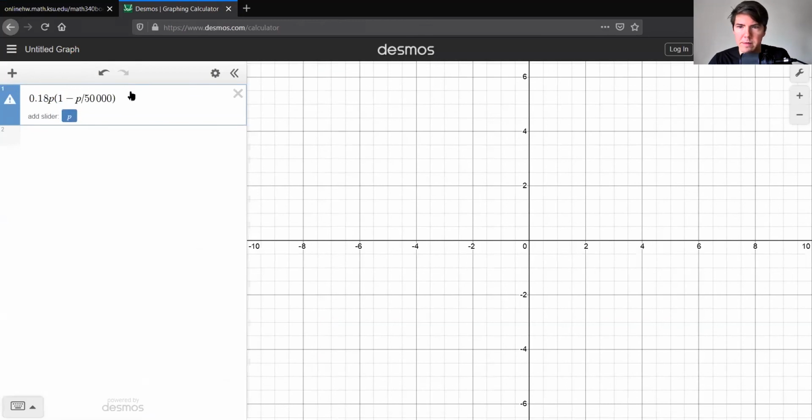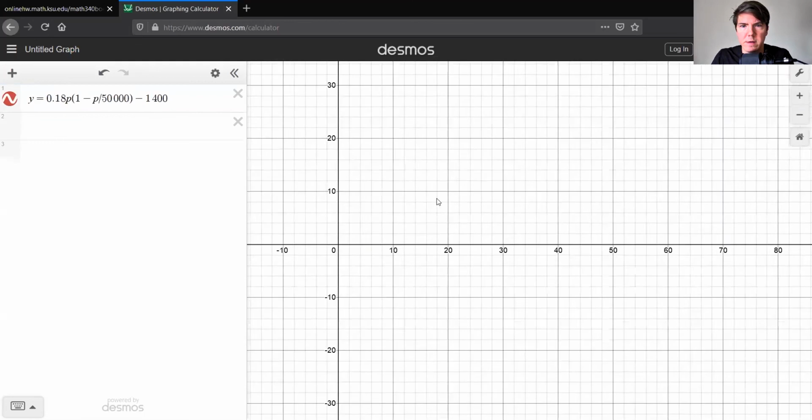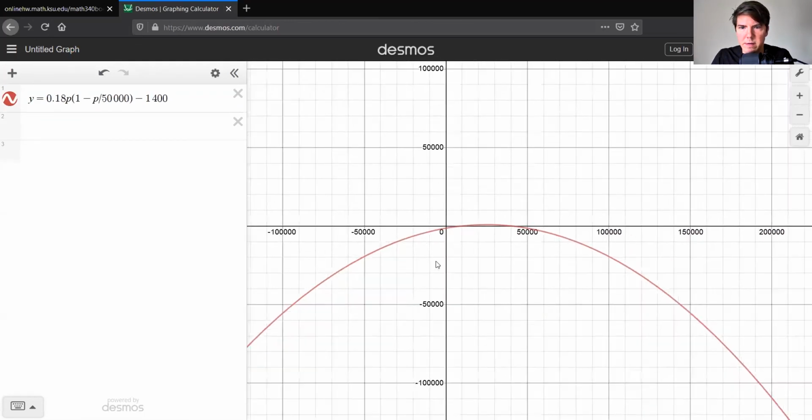And then let's see, actually, hold on a second. I want to enter h, but how are we going to do that in Desmos? Let's just try something in particular. Let's try a given value, like 1400. And this should be, let's say, y equals. And let's see what we get. Okay, we get something like this.